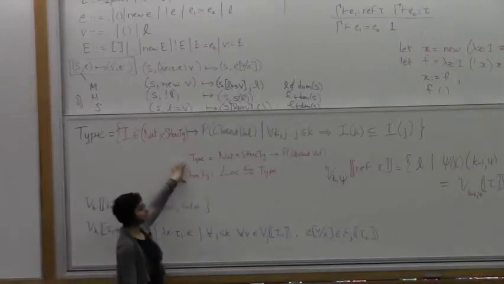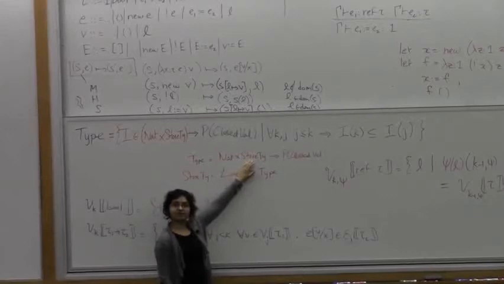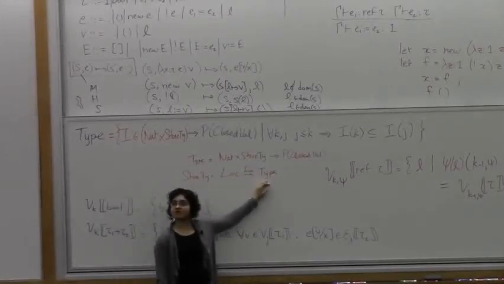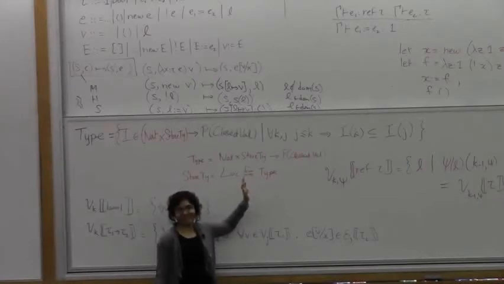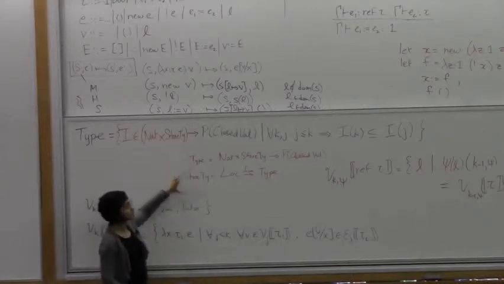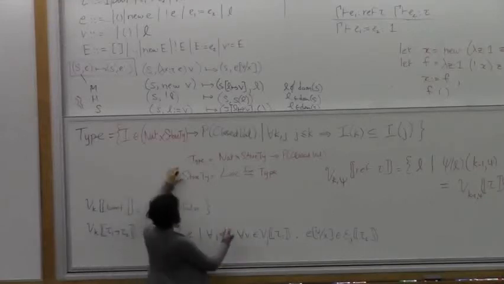Is there anything wrong with this? Types depend upon store typings, and store typings depend upon types. It's circular. But is it really a problem? Well, let's see if this space could possibly be well defined. We could do a simple cardinality argument.